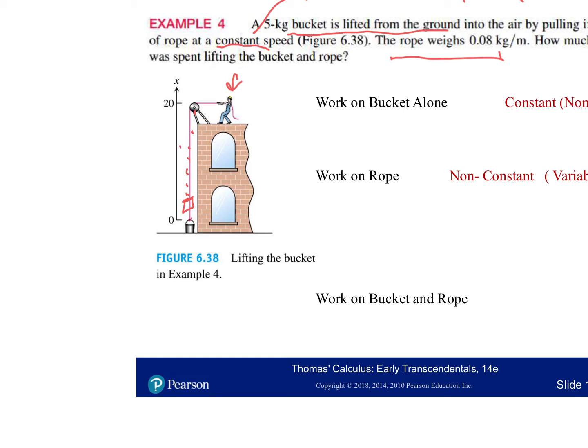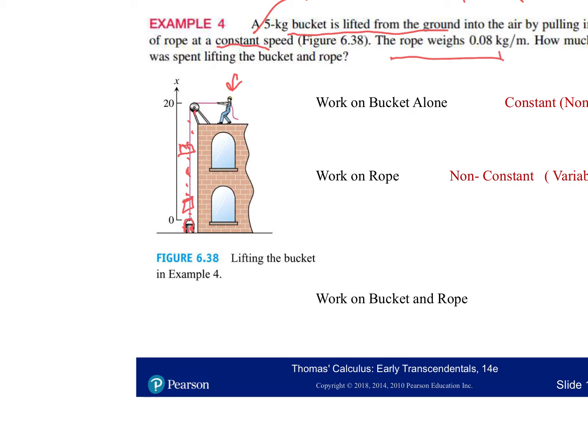When the bucket's right here, it becomes easier to get up. But when it's down here, that was hard getting that going. You know, he's pulling on it, but it was hard because of the weight of the rope. The bucket itself doesn't change, but the weight of the rope does.